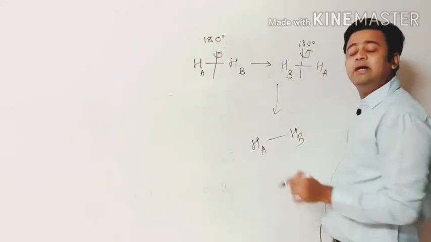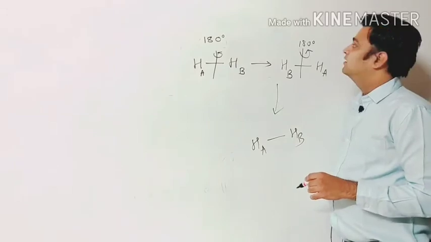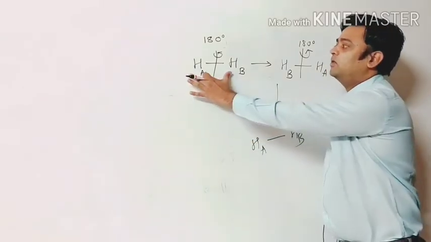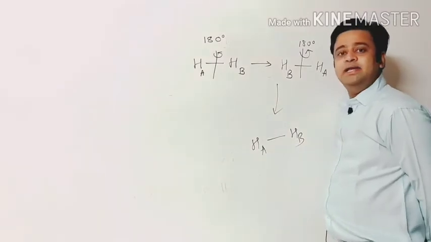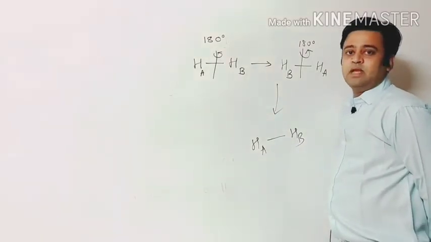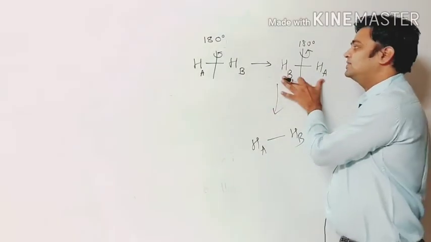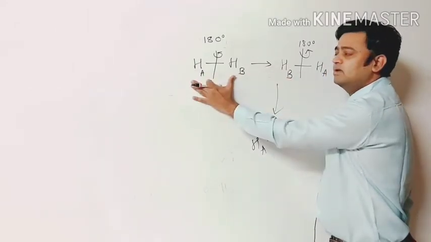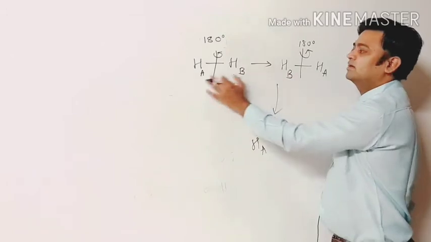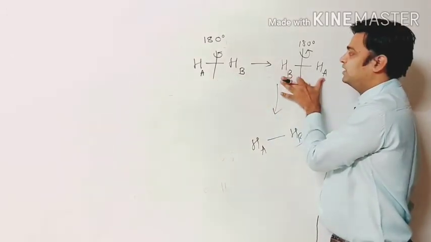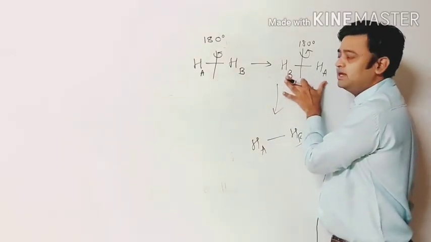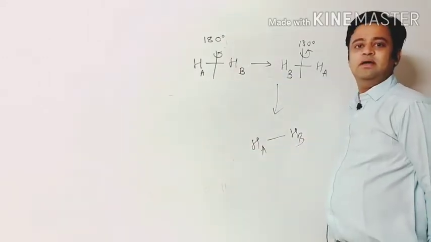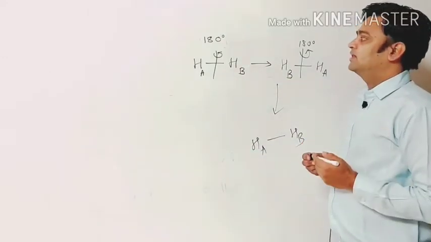Because we have rotated it by 180 degrees. Now this one is the same molecule as the first one, that is the identical molecule, with identical configuration. Therefore, this will be an equivalent configuration of HAHB, right?